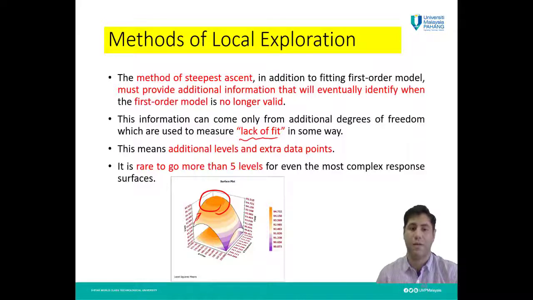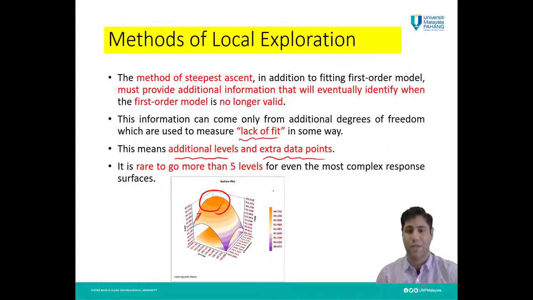But before we find this model, we need additional levels and extra data points, or more levels for the factors. For example, temperature. For a linear model, we can find the model with only two levels: 20 degrees Celsius and 30 degrees Celsius, low and high, for example.